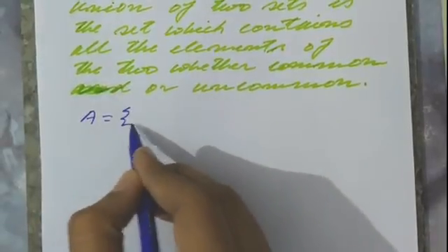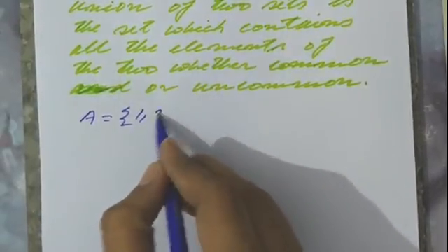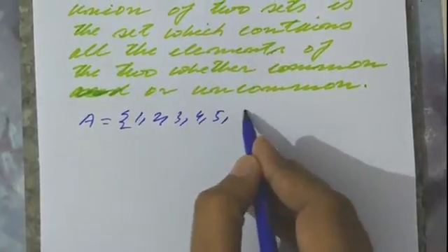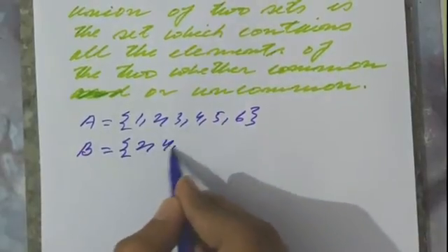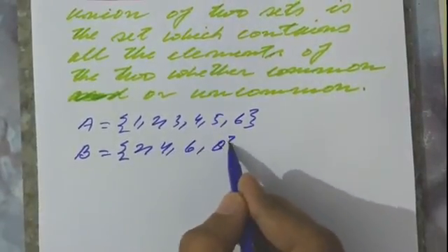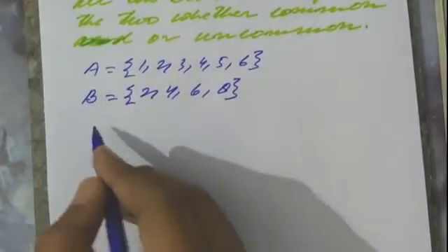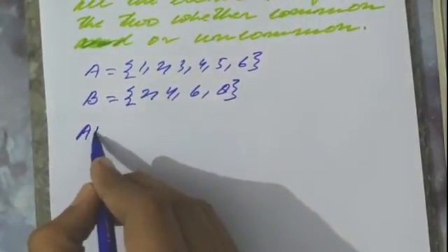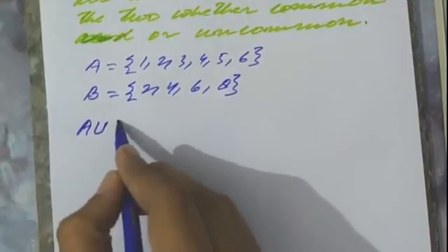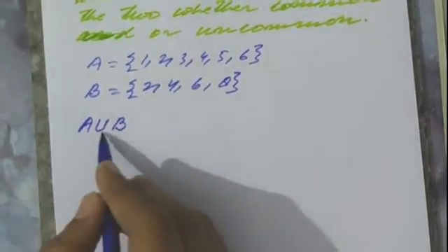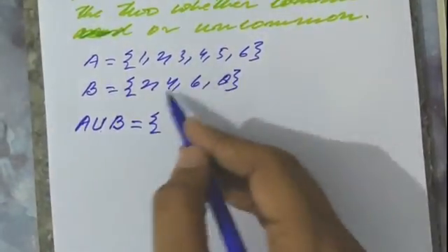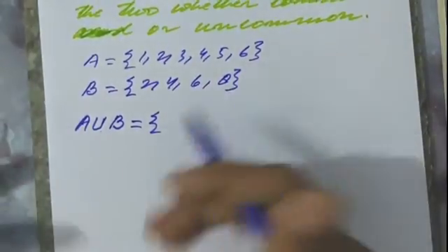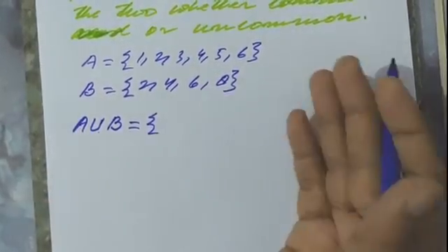So suppose A is a set of the elements 1, 2, 3, 4, 5, 6 and B is the set 2, 4, 6, 8. So the union of two sets, which is denoted by the symbol U, A union B, is the set which contains all the elements of these two sets, whether the elements are common between them or uncommon.